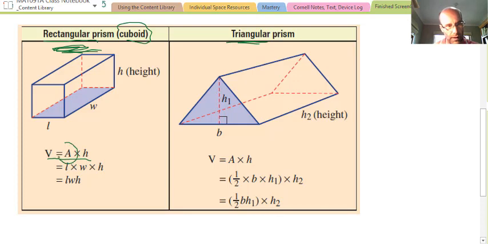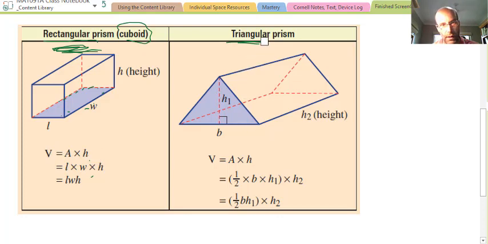However, the cross-sectional area, if that's not given to you, you know that it's length times width. So we have that blue zone here on this diagram is the cross-sectional area. It's constant as we go up the height. So that makes it length times width times height, or abbreviated as LWH. So that's an important one to take note of.